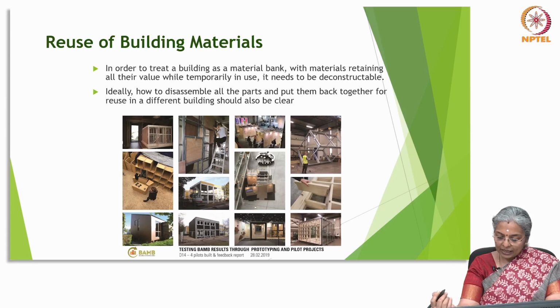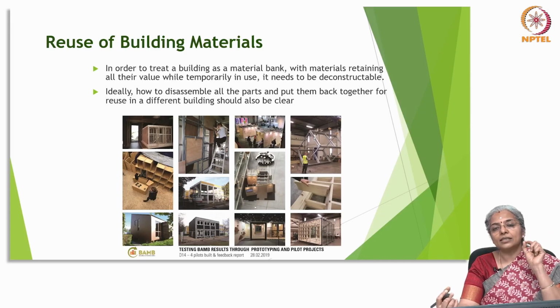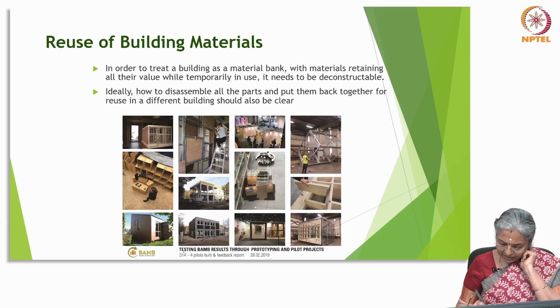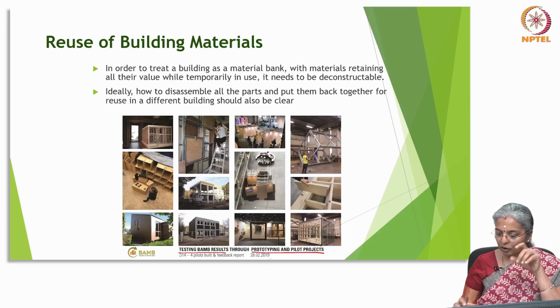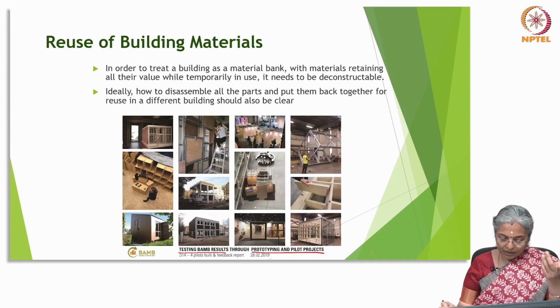So, for that you should start looking at buildings in which you can have modular components as well as materials which can be deconstructed. Here we look at the example of testing BAMB results through prototyping and pilot projects, which is done to understand whether BAMB will work.